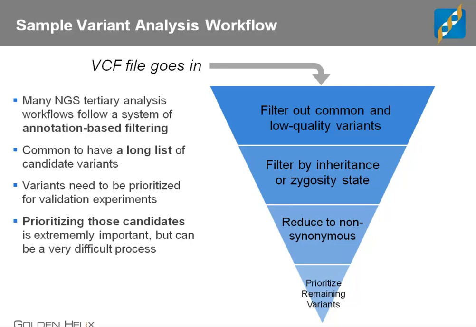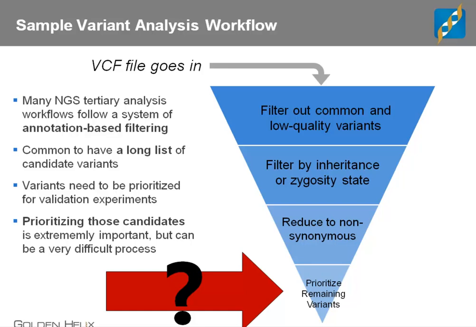And so we see this workflow quite often of starting out with a VCF file, filtering out common variants, low quality variants, maybe filtering then by an inheritance pattern or a particular zygosity state if you're looking at a Mendelian disorder, then reducing to non-synonymous SNPs, and depending on what you've got left, it becomes very, very important to prioritize those candidate variants that remain. But the question of how to do that is really a major problem in the field.